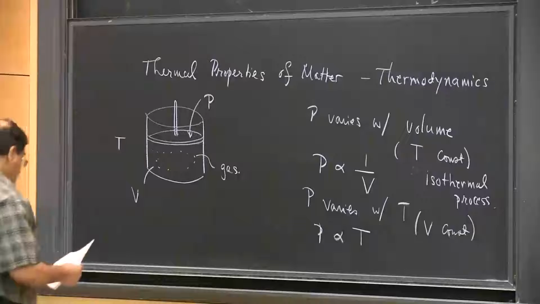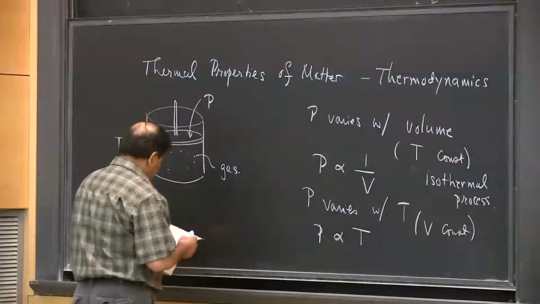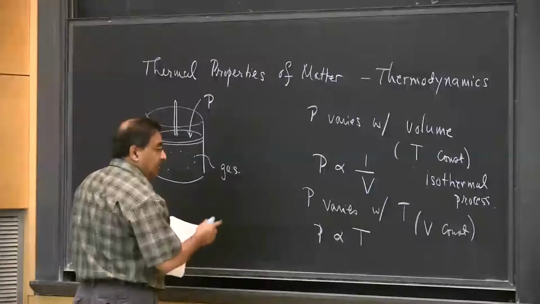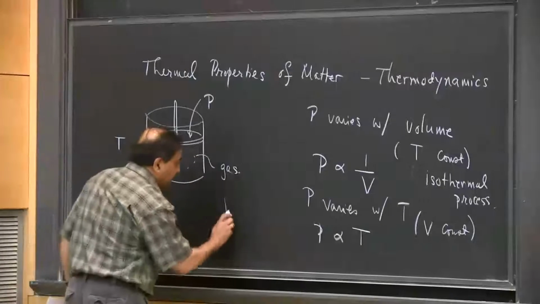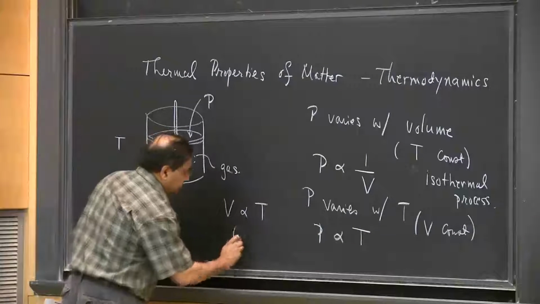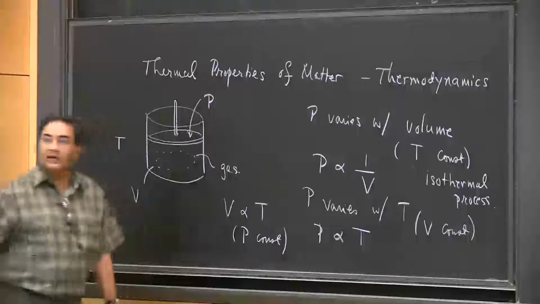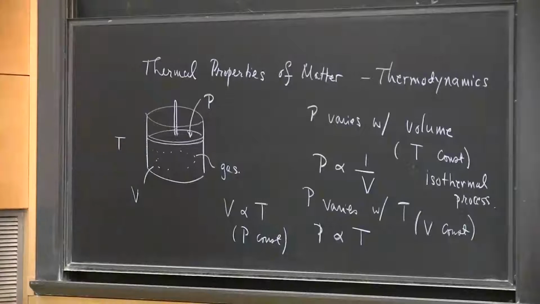Furthermore, volume also will increase or decrease with temperature if pressure is constant. All these beautiful relationships are actually very simple in this case, and they're fairly accurate descriptions, as it turns out.